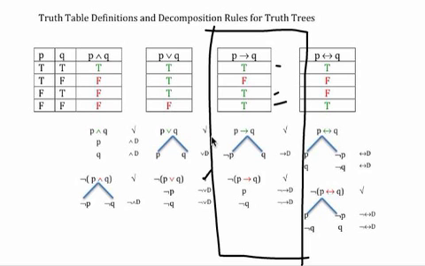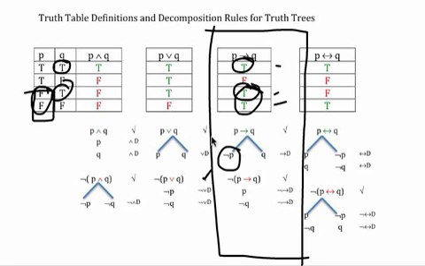Right? So we know either, what do we notice when we look over at the values here? We notice that whenever P is false, the whole thing ends up being true. And whenever Q is true, the whole thing ends up being true. Right, so the truth conditions for the conditional statement can be represented by branching, and on one branch putting not P to correspond to P being false, and on the other branch putting Q to correspond to Q being true.